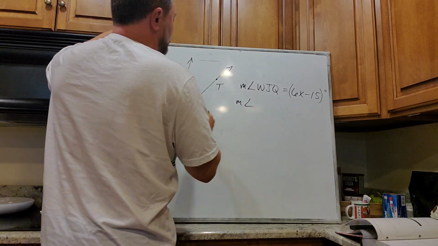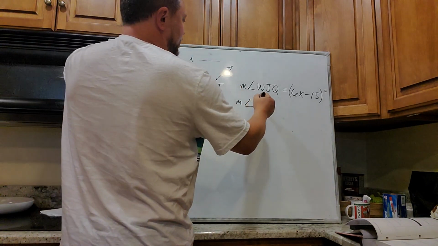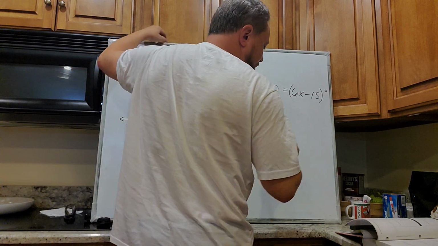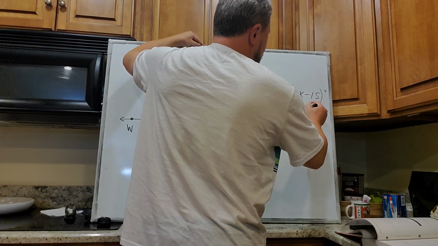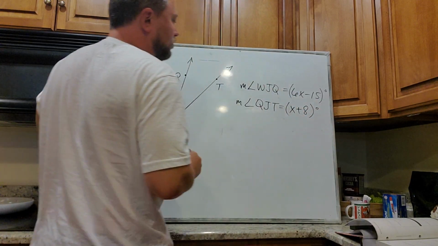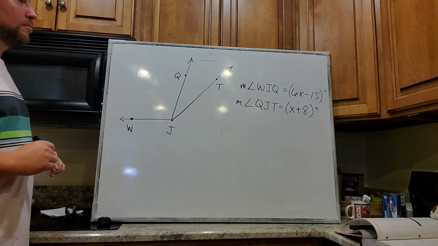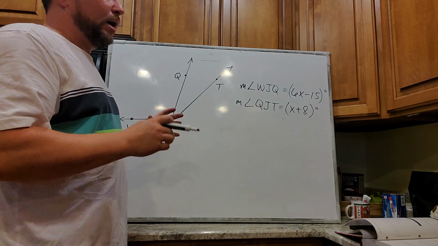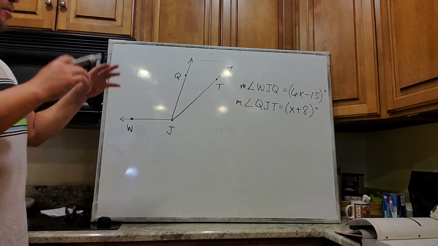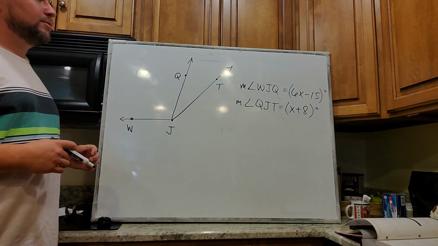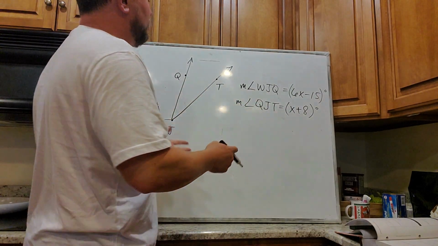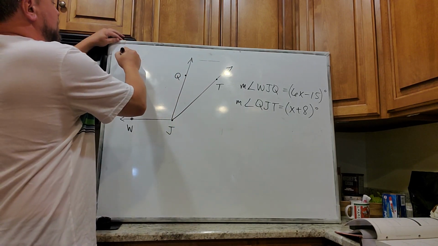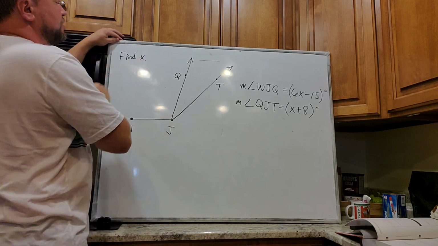And the measure of angle QJT is x plus 8 degrees. Okay, and after giving all this information, in the end, I want to see if you can find any and all angles up here. So I want you to be able to find the x, and I want you to be able to fill in any measurements for any angles up here. Okay, so let's start with finding x.